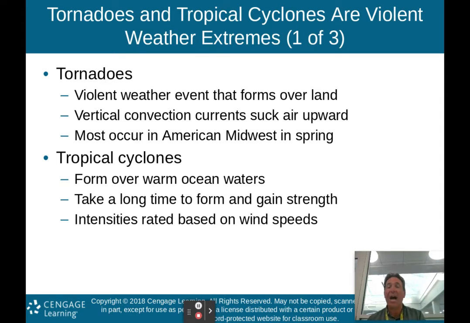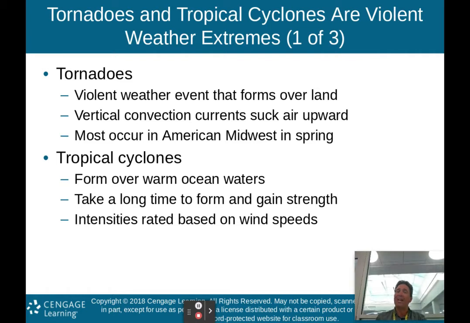In the entire world, the greatest amounts of tornadoes occur right there in the middle portions of the United States. There's a little peak in the Germany, Austria area of Europe as well, but most tornadoes on this planet occur in Tornado Alley, in the American Midwest, and usually they occur in the spring.